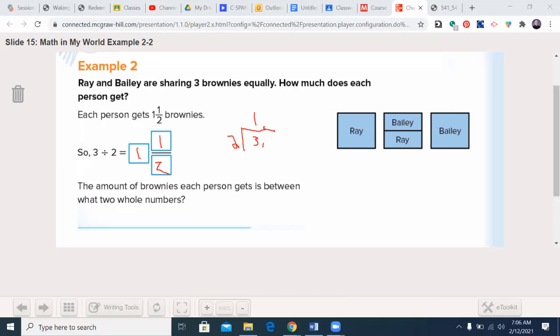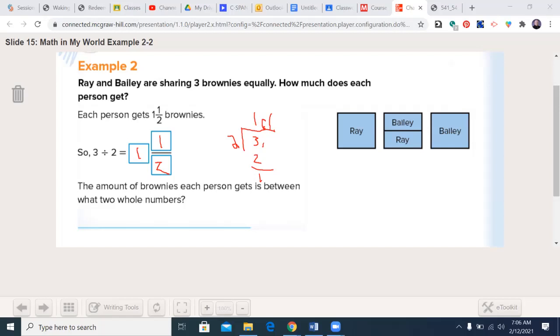So my whole number is 1. 1 times 2, my remainder is 1. So if you see here, and I don't even need the decimal portion on this one, this became my whole number. My remainder became the top number, and my divisor became my denominator.